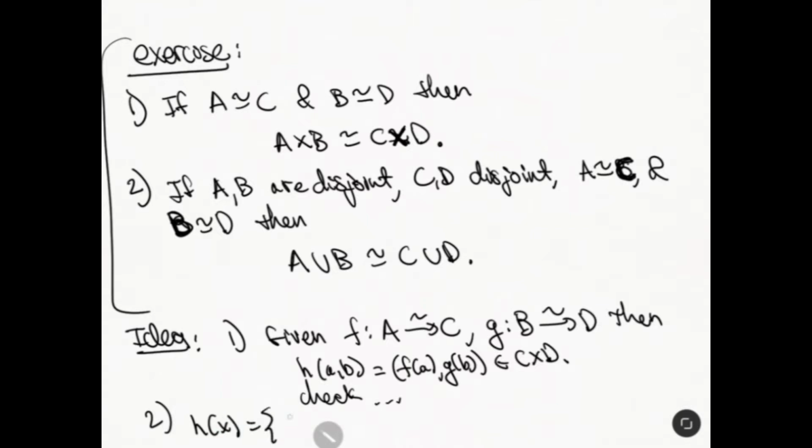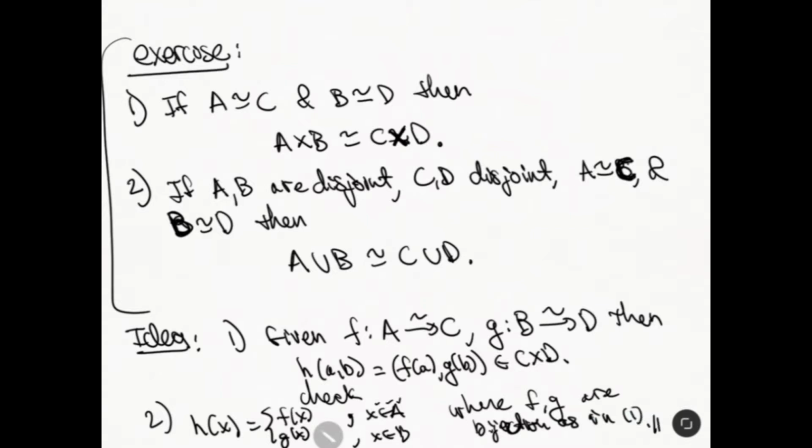You do something like this: it's F of x if x is an element of A, and you do G of x if x is an element of B, where F and G are bijections as above, as in part 1. Okay, so that's the idea. And so you just have to fill that out to do the rest of this. This is something silly that we have to do, but it's something that we have to do.